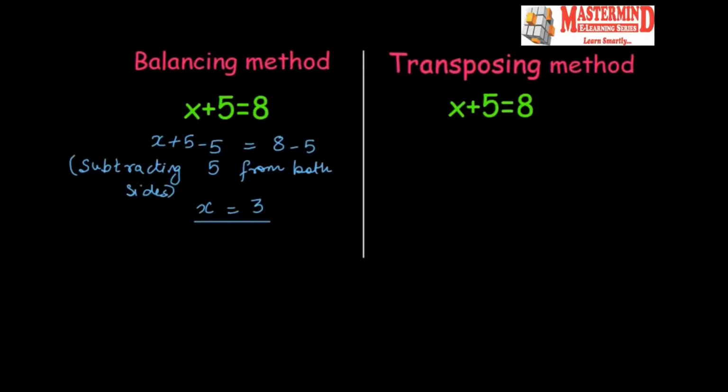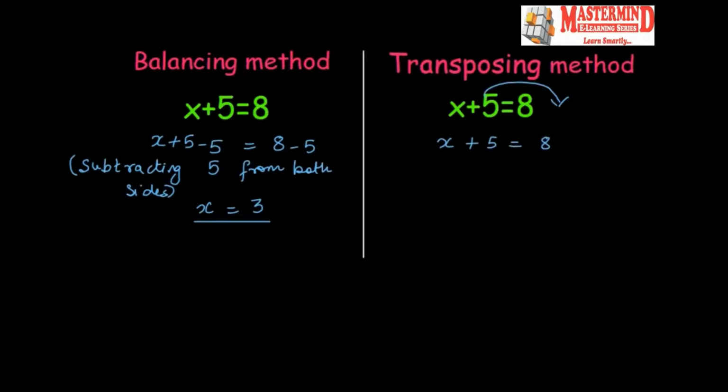Now, the same sum we can solve using the transposing method. What does transposing method mean? Transposing method means we just don't want this 5, right? So we shift it to the other side. Transposing means shifting this number to the other side, that means removing it from the side which we don't want. Now we have on the LHS, x plus 5 is equal to 8. I do not want this 5.